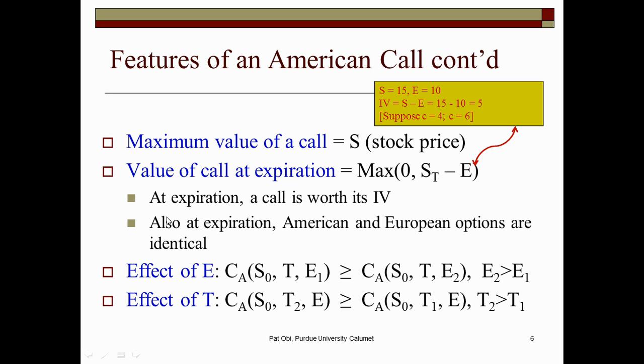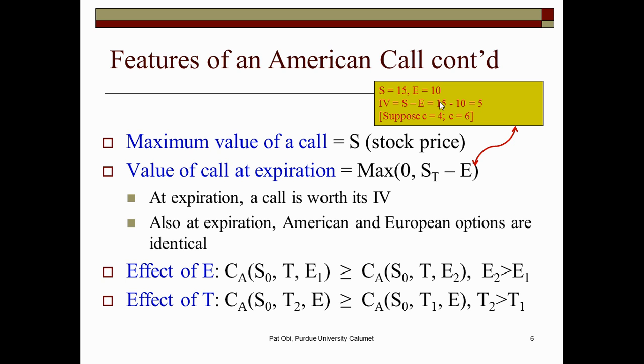So now I note here that at expiration a call is worth its intrinsic value, no more, no less. Remember, at expiration there is no more time value. And so if a stock is worth 15 and the exercise price is 10 and the intrinsic value as shown here is 5, you wouldn't want to pay less or more than 5. Nobody would.